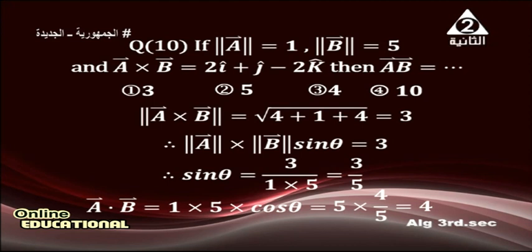A dot B equals norm A, norm B, cosine theta. We find that sine theta equals 3 over 5, then cosine theta equals 4 over 5, then A dot B equals 4.